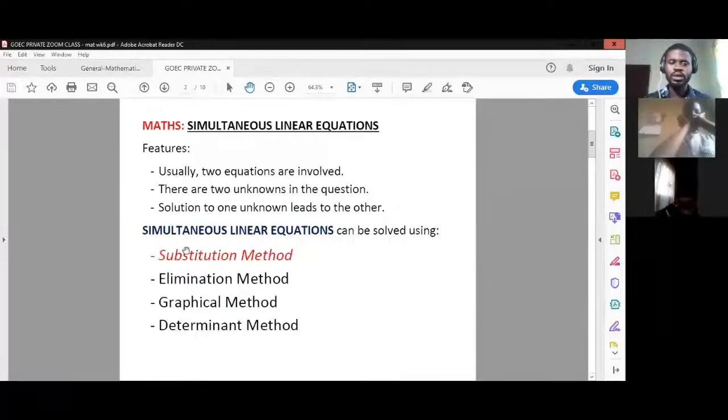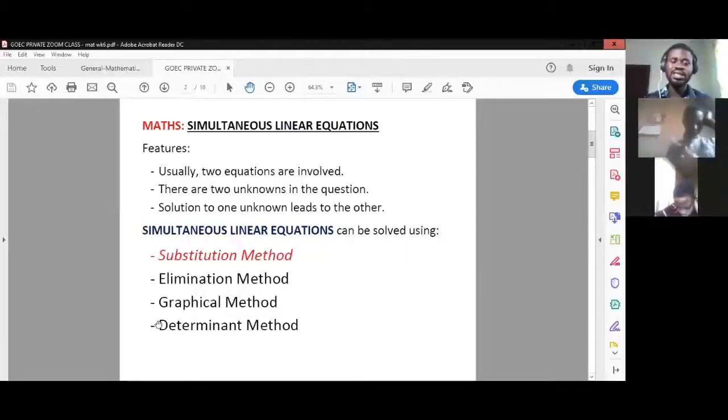Now, simultaneous linear equations can be solved using, you see, I have highlighted about 4 methods that can be used to solve simultaneous linear equations. We have the substitution method, the elimination method, the graphical method, and the determinant method.